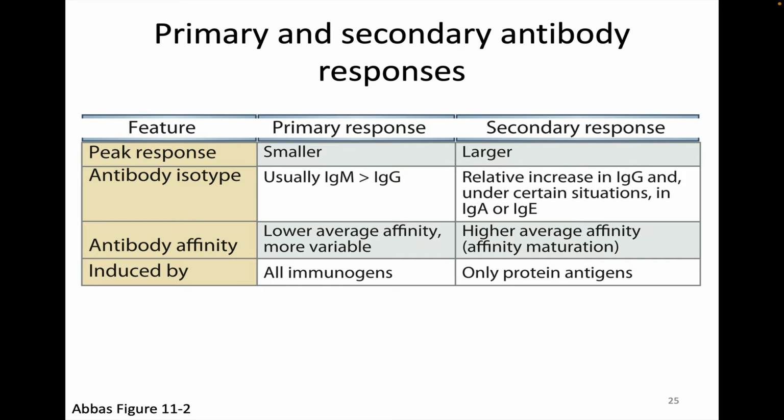But notice that all these amazing benefits that we see during a secondary response are only possible for protein antigens, because we need to have T cell help to allow our B cells to make those T-dependent responses that include all of the responses we saw with the germinal center reaction last time that have all of these benefits of the secondary response.